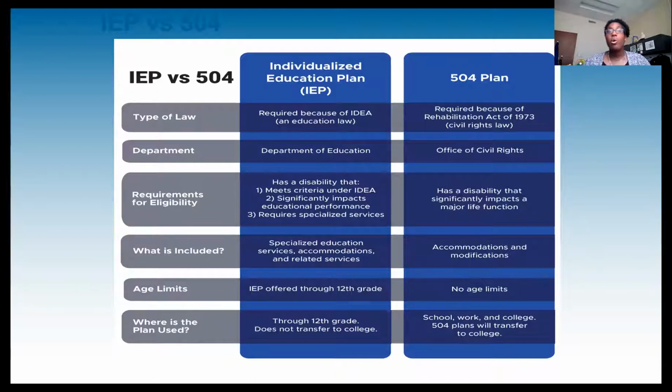In order to qualify for a 504, a student must have a diagnosis for a physical or emotional disability or impairment that restricts one or more major life activities, for example, paying attention in class or class participation is affected, things of that sort. A 504 plan can also provide extended time and small group administration for statewide testing for a student. But within a 504, a student is not able to receive occupational therapy, speech therapy, and physical therapy.